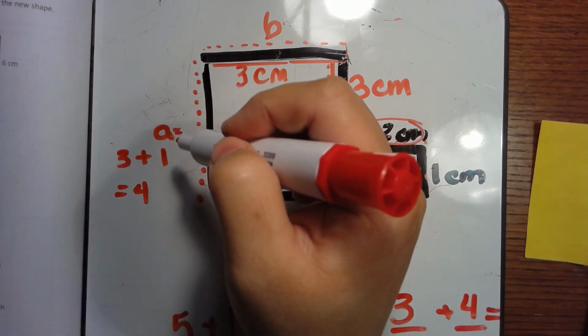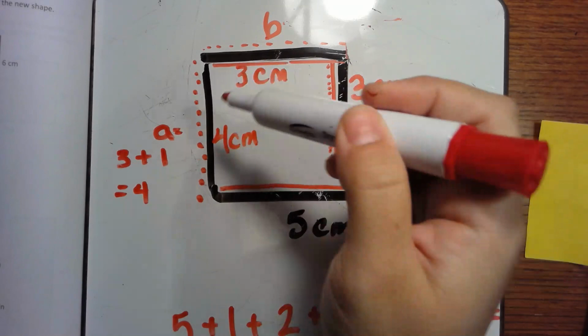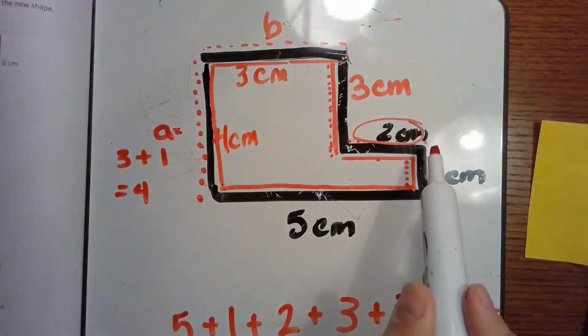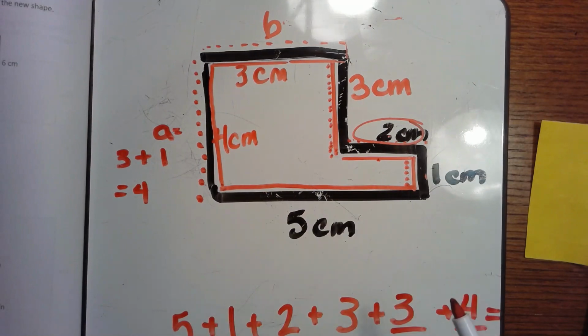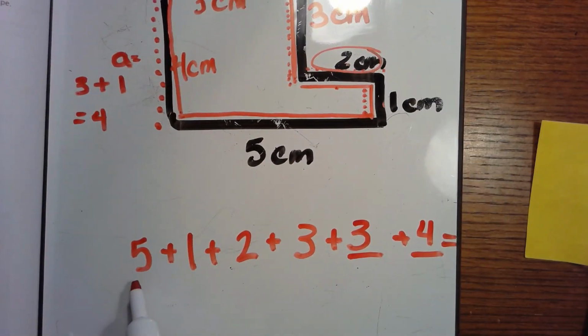So now I have, I'll put this over here because I ran out of space. Now I have found the boundary of my entire shape. And I can add up all the lengths. 5 and 1 is 6. 6 plus 2 is 8. 8 plus 3 is 11. 11 plus 3 is 14.